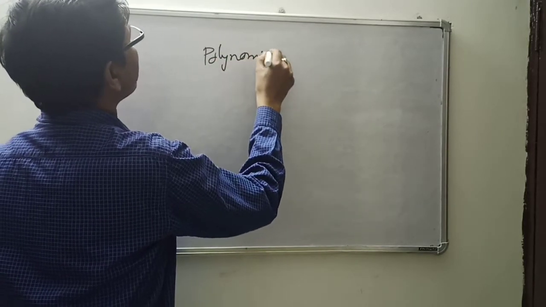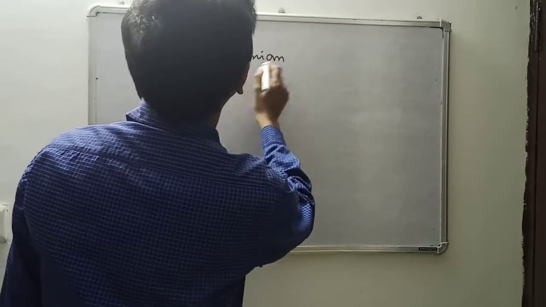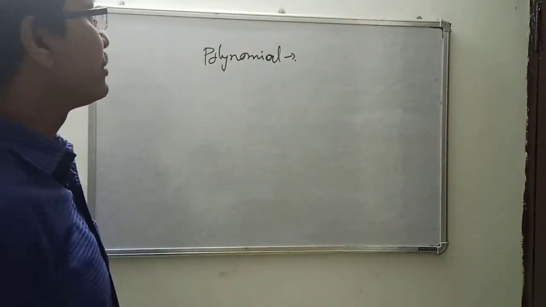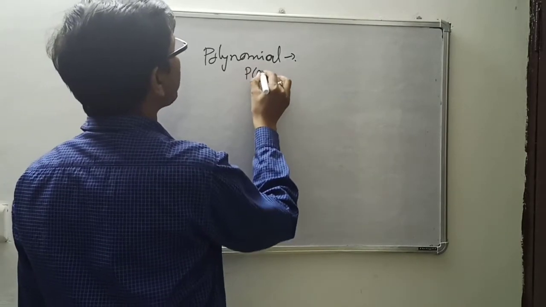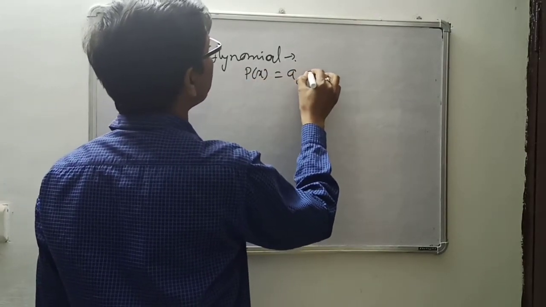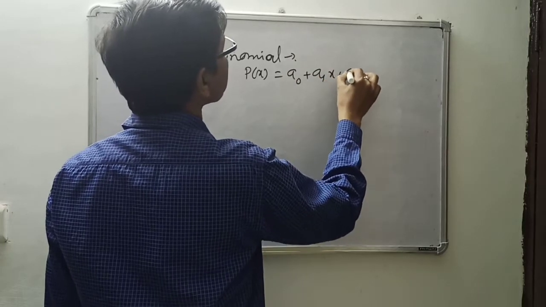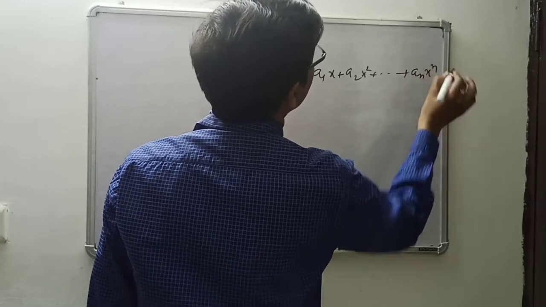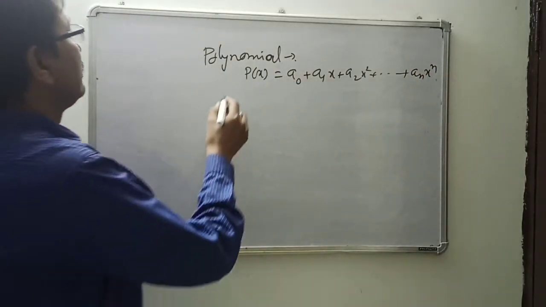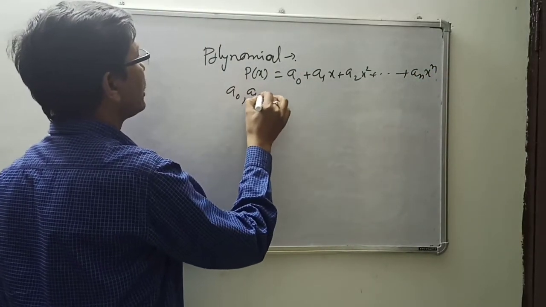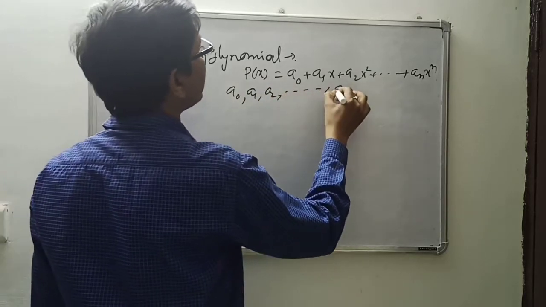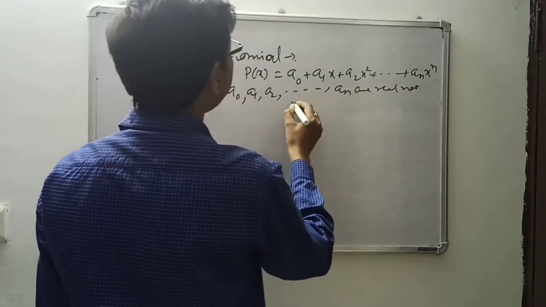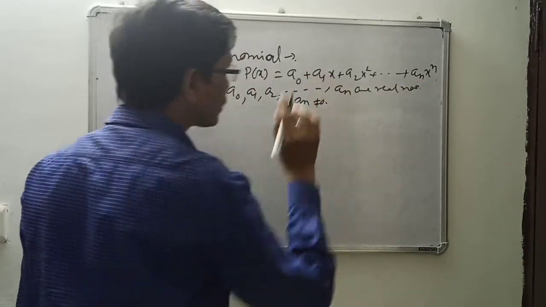A polynomial is an algebraic expression in the form p(x) = a0 + a1x + a2x square + and so on, up to an x to the power n, where a0, a1, a2, and so on up to an are real numbers and an is not equal to 0.